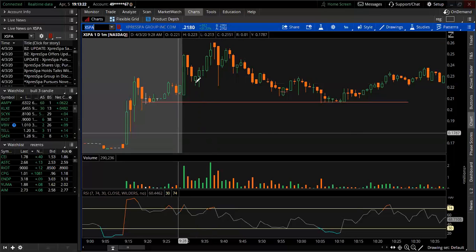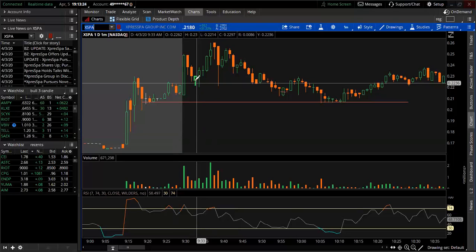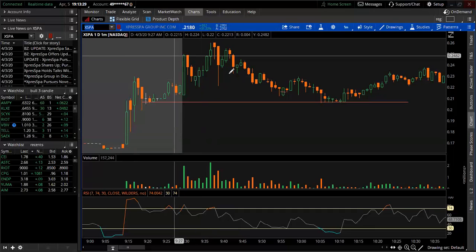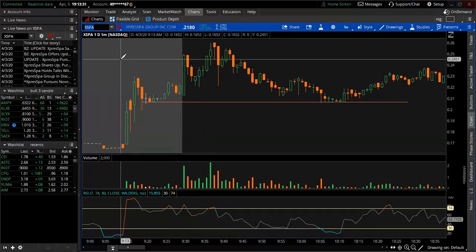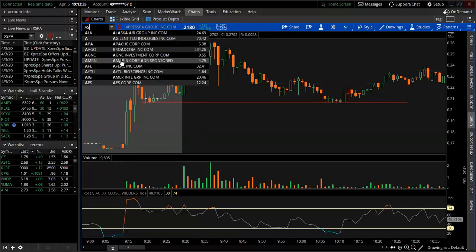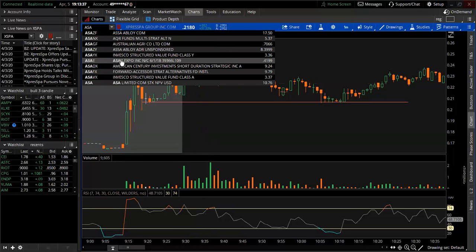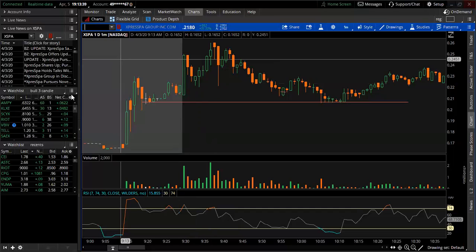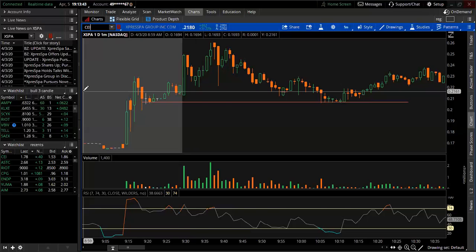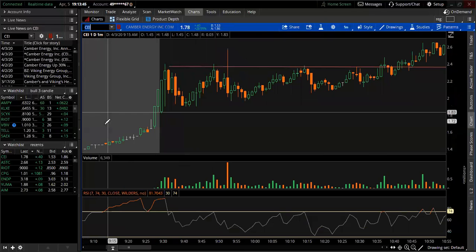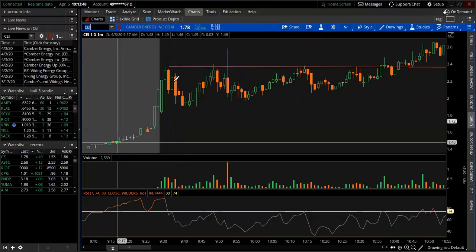So we're using the candlestick along with volume, especially with these morning trades. Like, what was a good one? I think it was ASA. I can't remember what we were trading on Friday. Let's look at CI. I wanted a really good one that shows momentum.